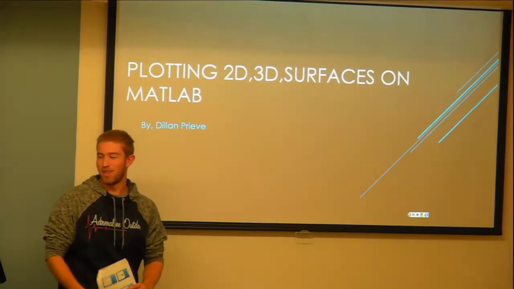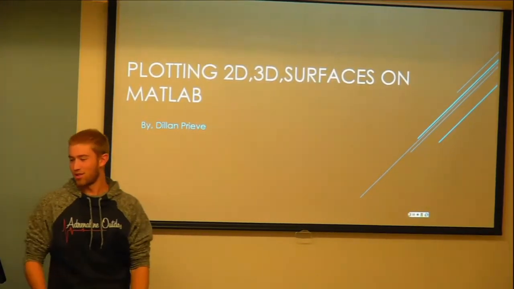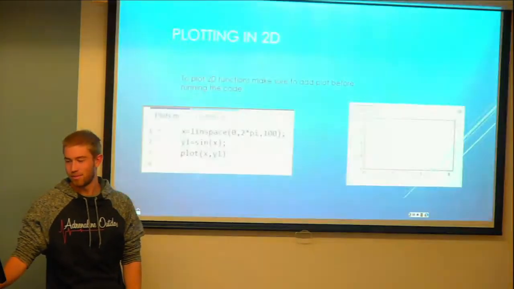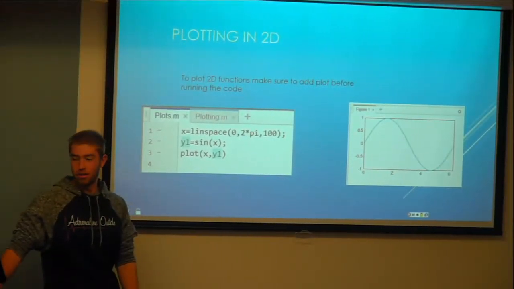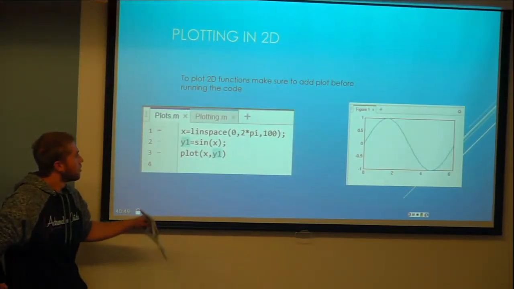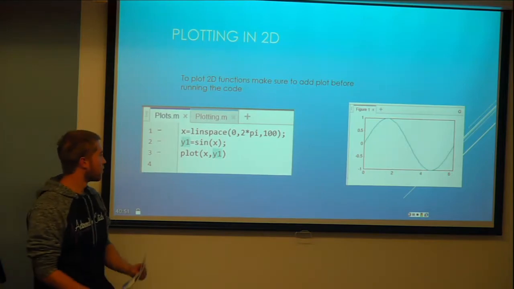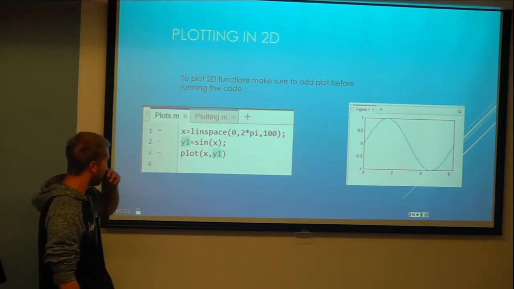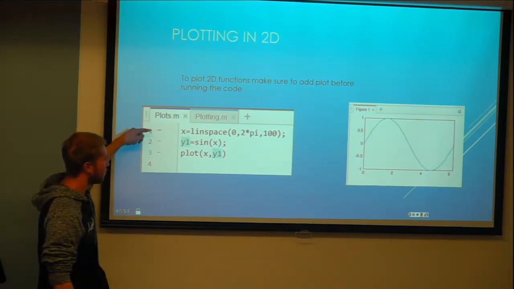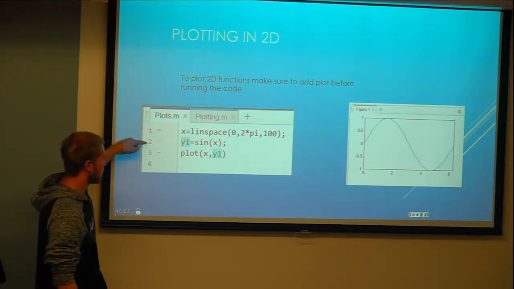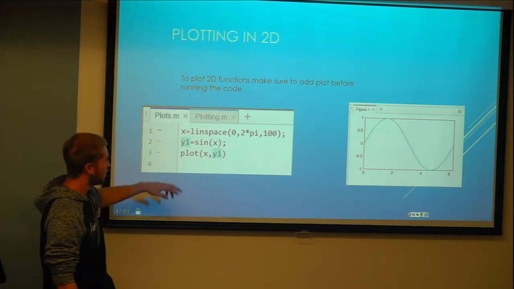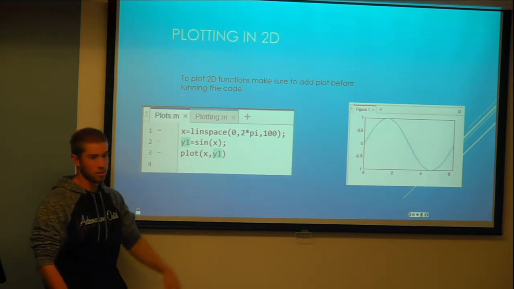Okay, so I did plotting in 2D, 3D, and surfaces in MATLAB. So plotting in 2D, this is just a basic sine function where you define your x terms, which I'll go into a little bit more, and then your actual function, and for 2D you simply write plot, and then your x, and then your variable.